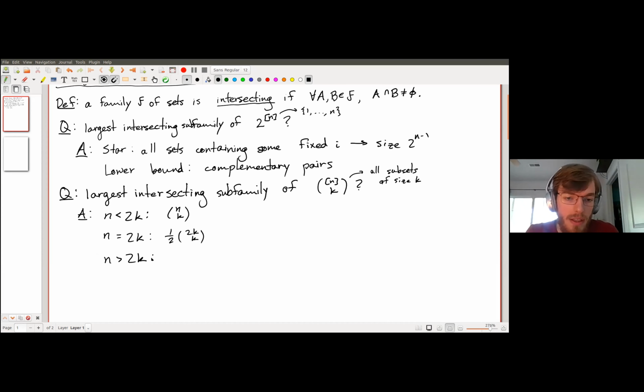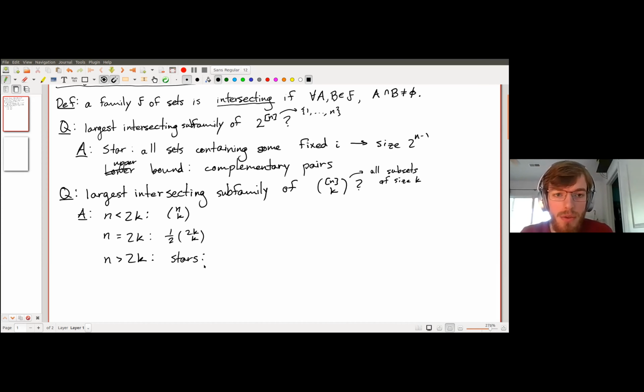Now things get a bit harder when n is bigger than 2k. And here we'll just come up with a lower bound first. Stars give a good, oh, sorry, I messed that up. This should be a lower bound, right? We have a lower bound on the maximum size.